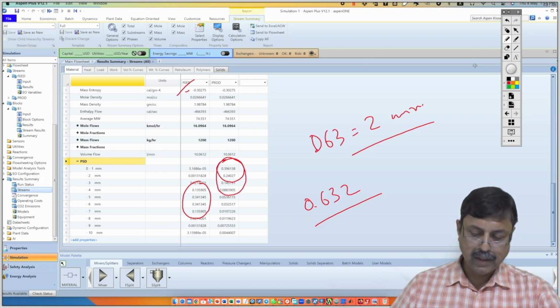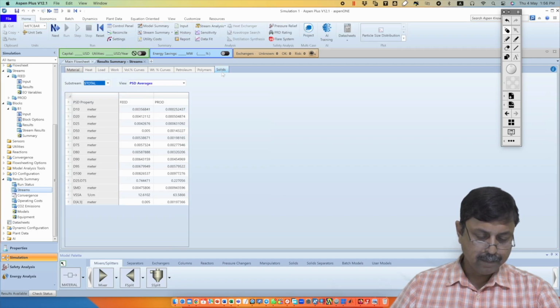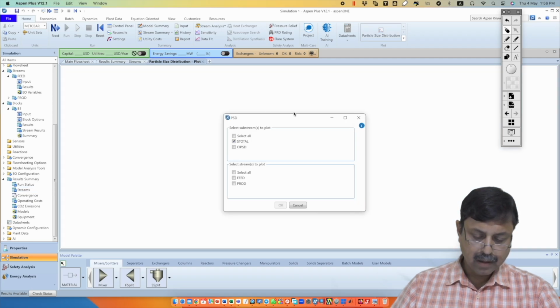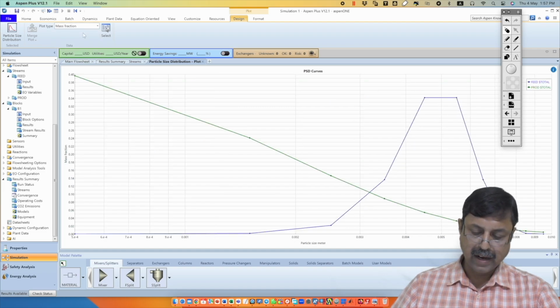Now, if you see the particle size distribution of feed and product. So feed and product. Okay, this is in a cumulative mass fraction for only mass fraction.